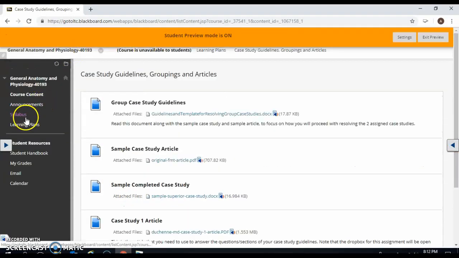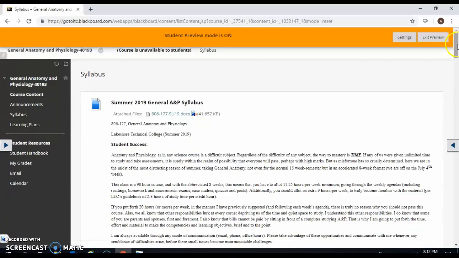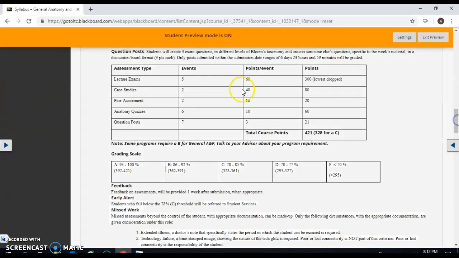All right, so back to the syllabus. So case studies: it's going to tell you how these 40 points are given and how these 10 points are given. Again, it's in your case study guidelines under learning plans, okay? There are 6 anatomy quizzes.